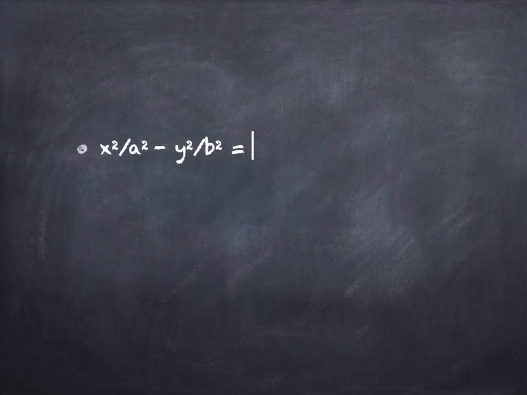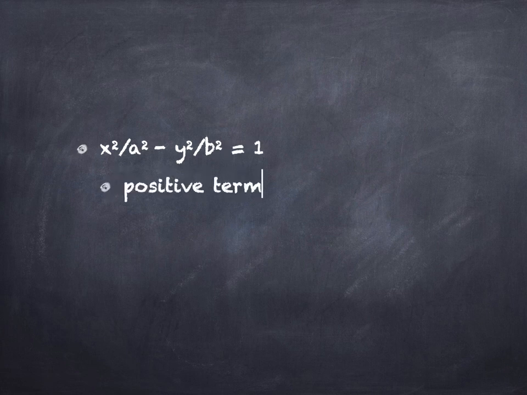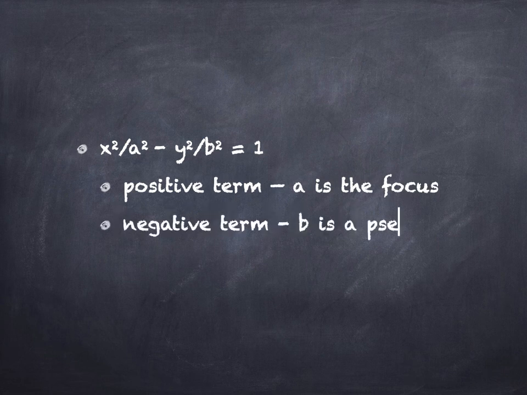Okay, so x squared over a squared minus y squared over b squared equals 1. The positive term, a, is your focus, and the negative term, b, is a pseudo-focus. The word pseudo-focus is not in your textbook. I don't imagine it's a good math word at all, but it is there. If you solve for the x and y intercepts, if you plug in 0 for y, which gives you your x-intercept, in this particular problem you will get a positive root, which will be a.